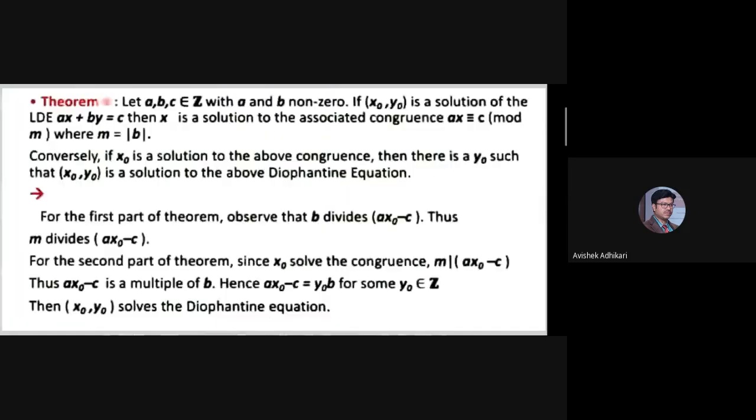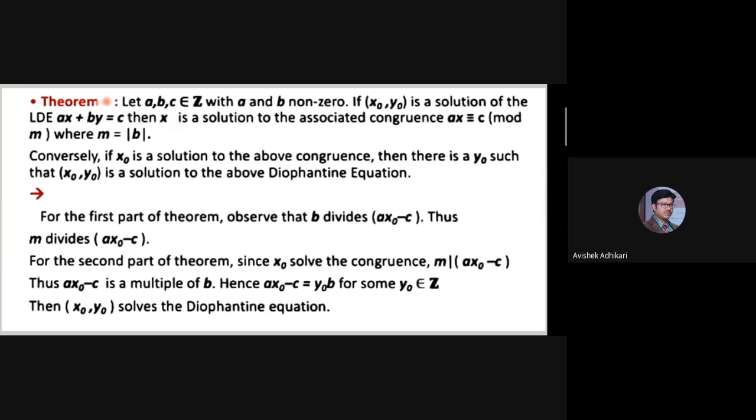Now let's come to another method. Let a, b, c belong to Z with a, b non-zero, and suppose x0 and y0 are a solution of the linear Diophantine equation ax plus by equals c.